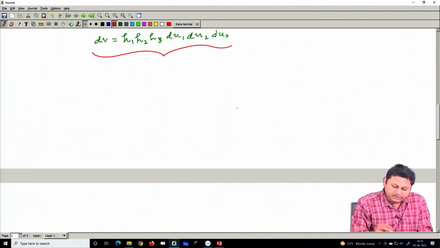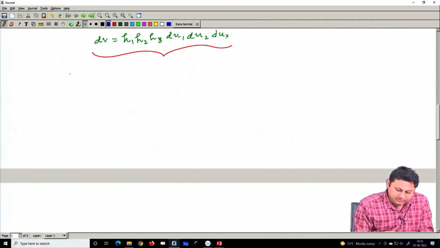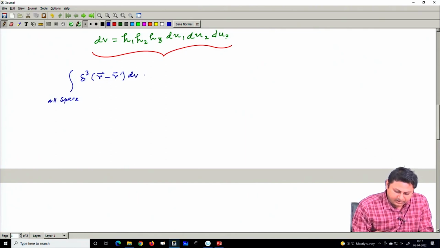Well, if I now define the delta function here, in general the delta function in 3D, if I integrate it over all space, delta 3 of r minus r prime dv, that is equal to 1, which I mentioned in the last class.